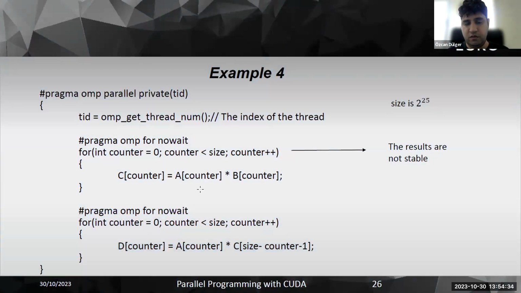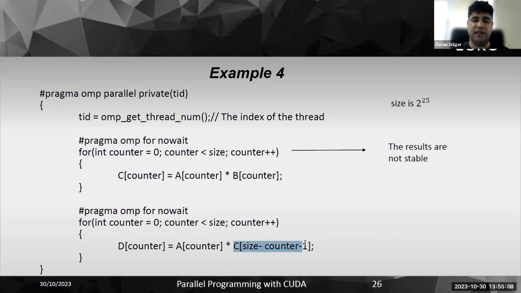So when a thread completes this for loop and executes the next for loop, it will access the array C. And we need to access the latest value of array C, but maybe the latest value of array C has not been calculated yet.